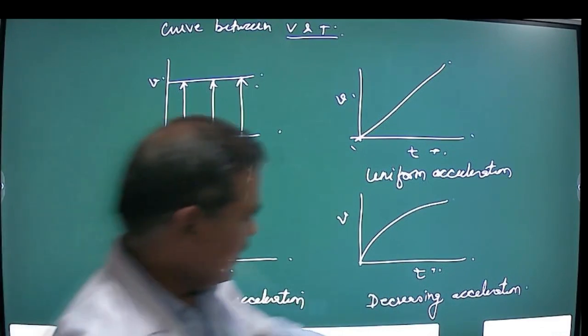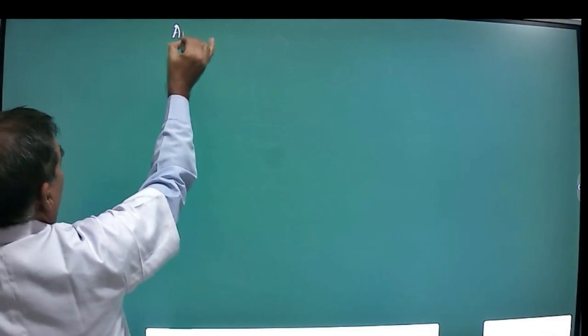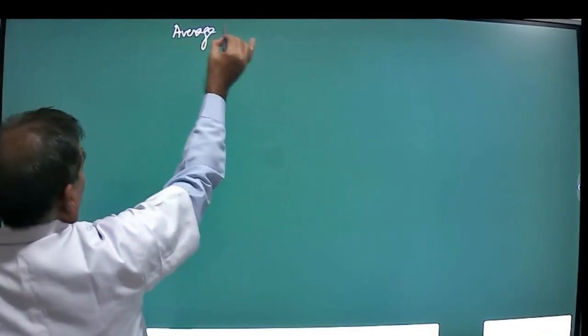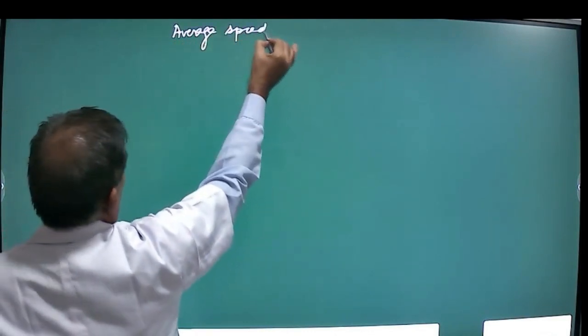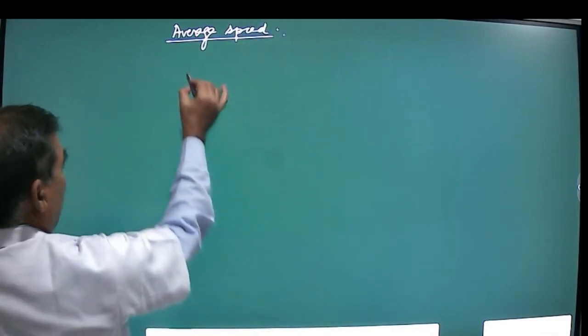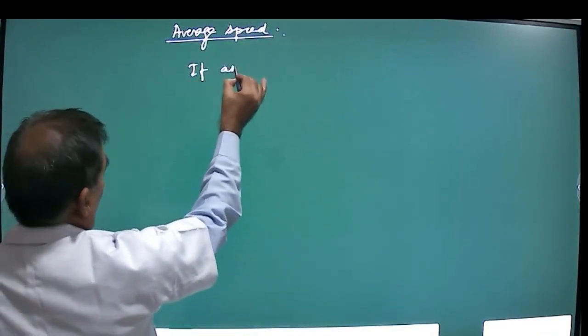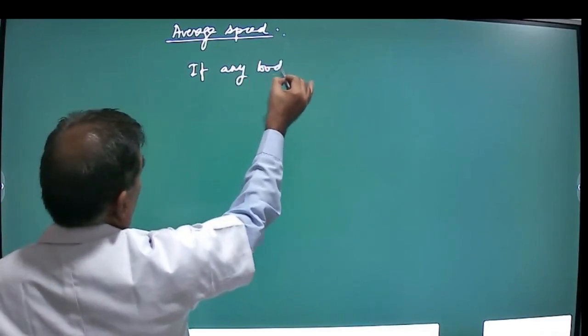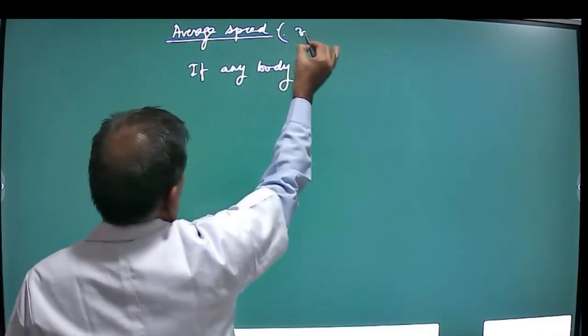एक चीज और आती है यहाँ पे, एवरेज स्पीड. इसको है औसत चाल.